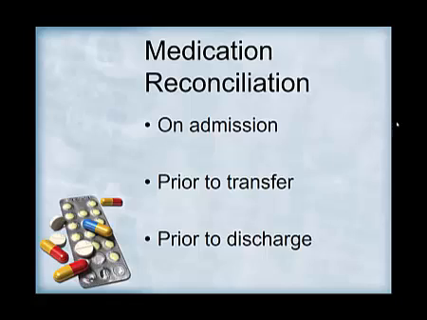Those meds will then be validated by the prescriber, and the prescriber will decide whether to continue the medications, discontinue them, or change the dosage. This procedure will be repeated anytime a patient is moved from one unit to another, for instance, from the ER out to a med-surg floor, or from ER to a floor to ICU, ICU back to a floor, and then prior to discharge.